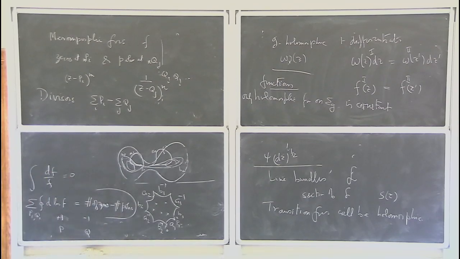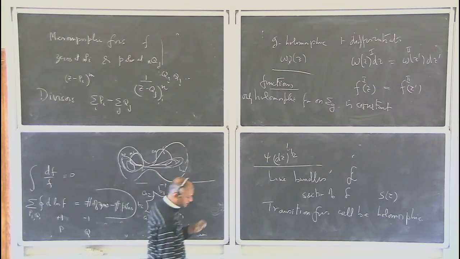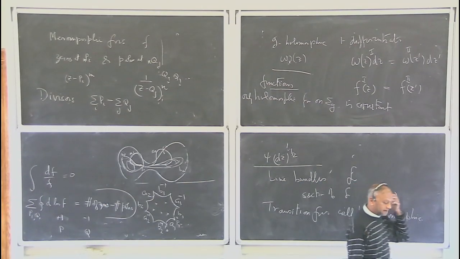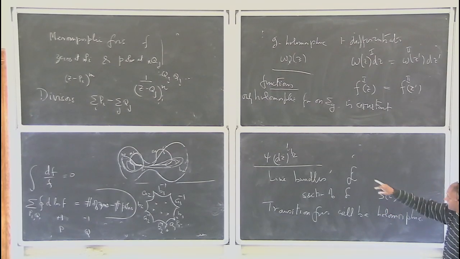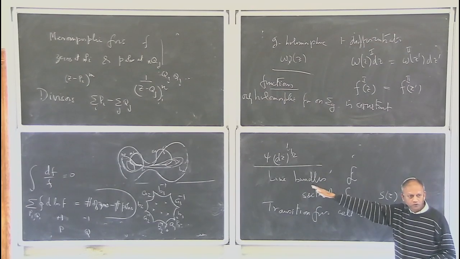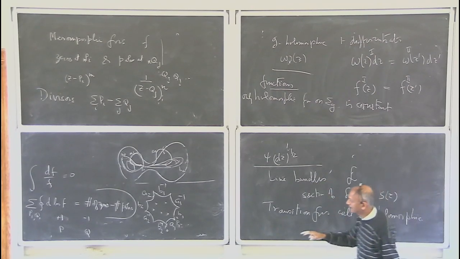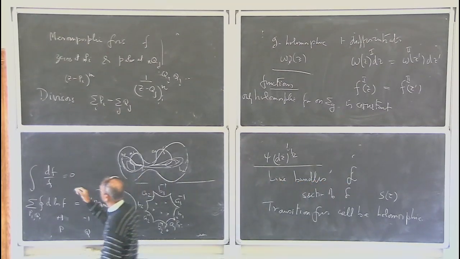So we conclude that for the divisor of any meromorphic function, the degree has this property: the degree is the number of zeros minus the number of poles, and that degree is always 0.